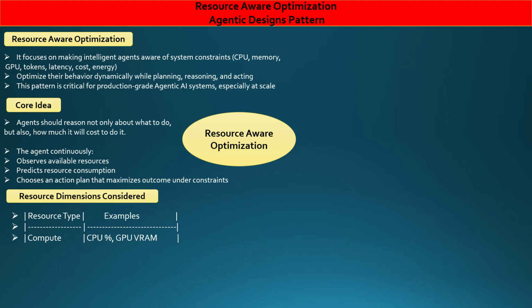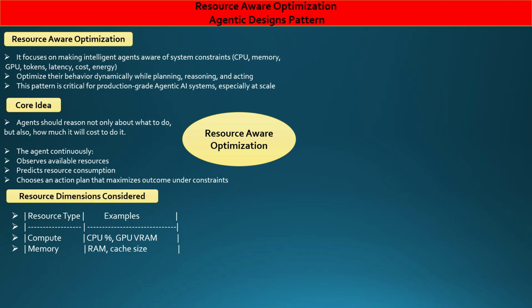High compute usage means slower responses or failures, and with a GPU shortage, it cannot run large models. So the agent behavior switches to a smaller model, reduces parallel tasks, and queues or delays non-critical work.